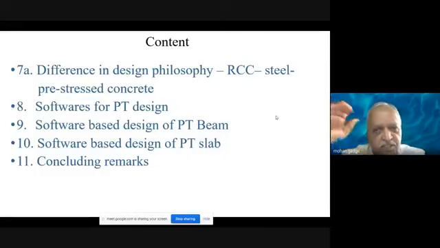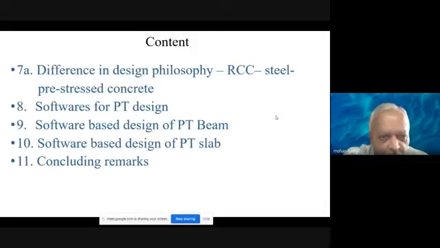The basic difference in the design of these three materials, we will have a look at that. And then we will go for software for PT design, the software-based design of PT beam, and software-based design of PT slab, with concluding remarks.